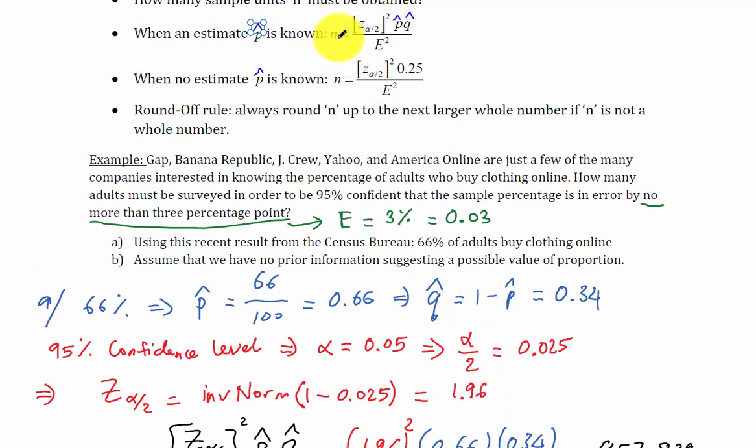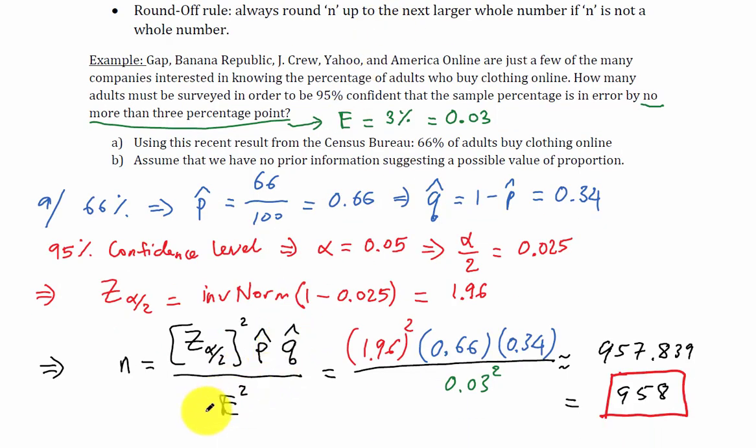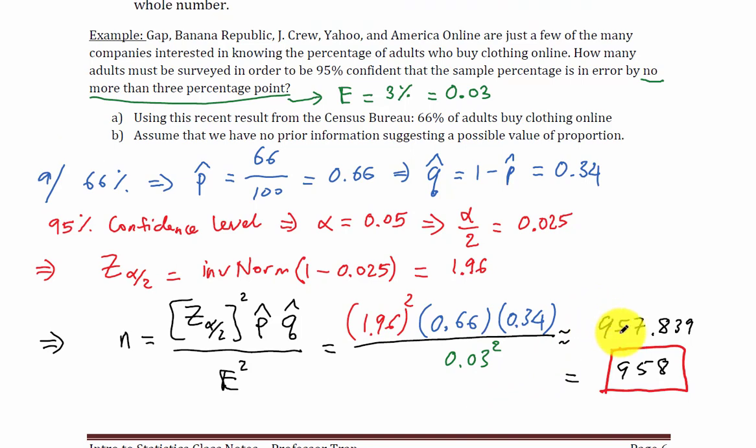Now the sample size is the first formula, Z alpha over 2 squared times p-hat q-hat over E squared. We have Z alpha over 2 as 1.96 squared, p-hat 0.66 from the earlier study, and q-hat, the complement, 0.34, and the margin of error is within 3% or 0.03 squared. That gives me around 957.8 something, and we round it up to the next whole number, 958.